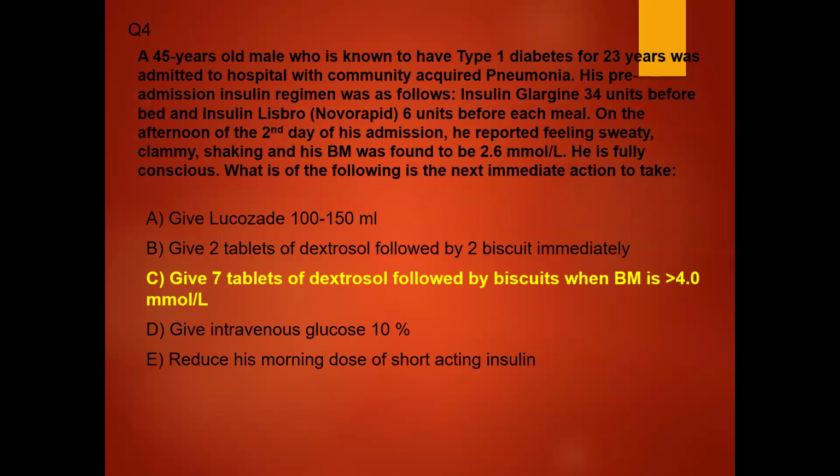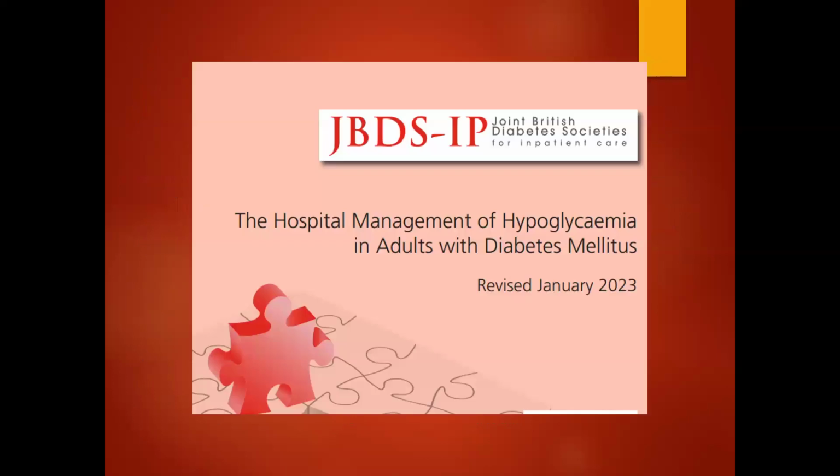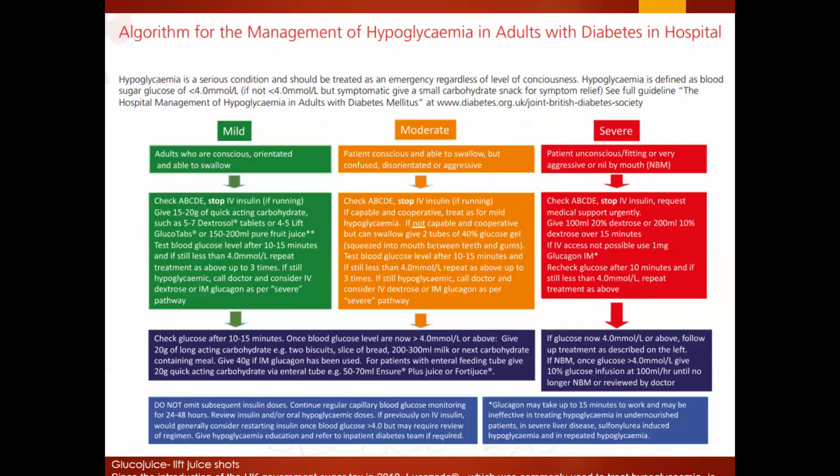So the correct answer is give the patient 7 tablets of Dextrosol followed by biscuits when the BM is more than 4 millimole per litre. And this comes from the revised January 2023 guidelines on the hospital management of hypoglycemia in adults with diabetes mellitus from the JBDS. And that's how they have given the algorithm for management of hypoglycemia in patients with diabetes in hospital.